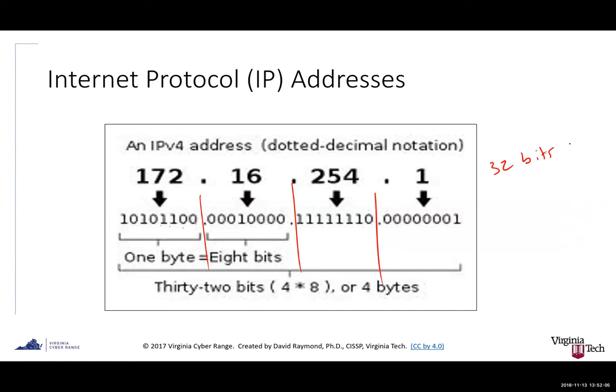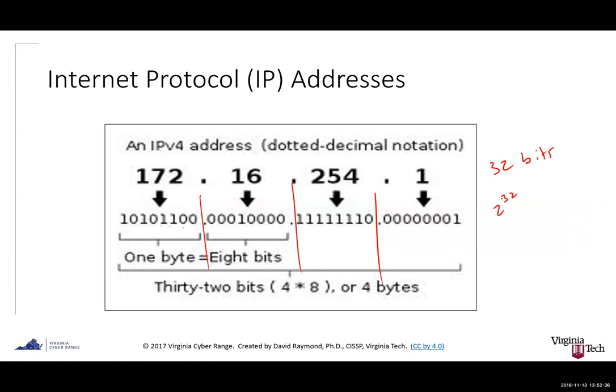A question that you can ask the students is, if you have a 32-bit IP address and every device in the internet has to have a unique IP address, how many total devices can we have in the internet? And the answer to that question is 2 to the 32, right?